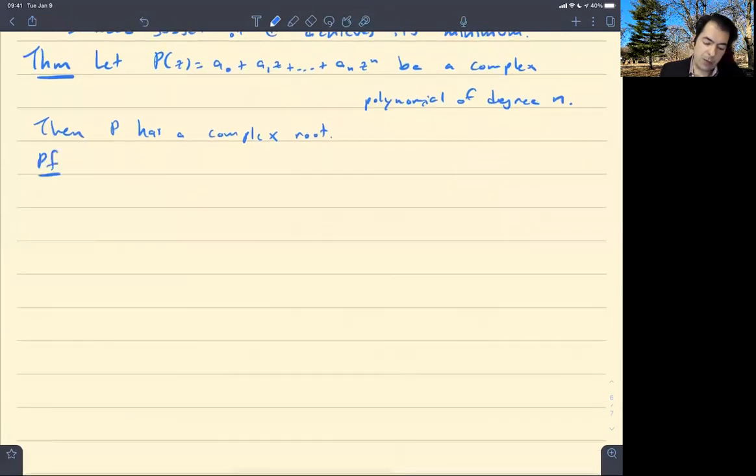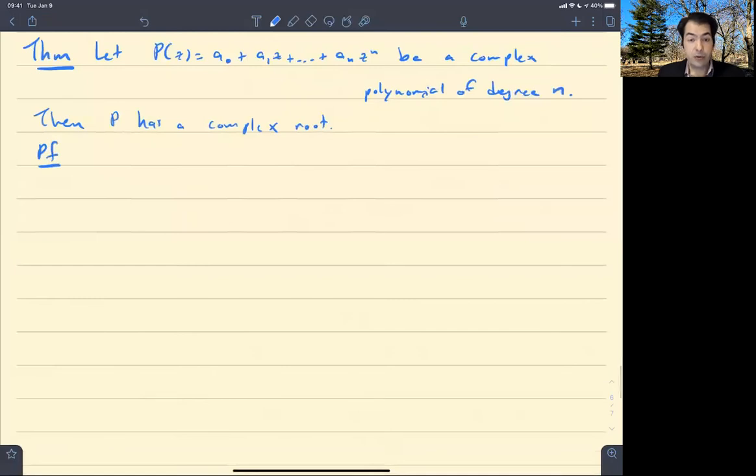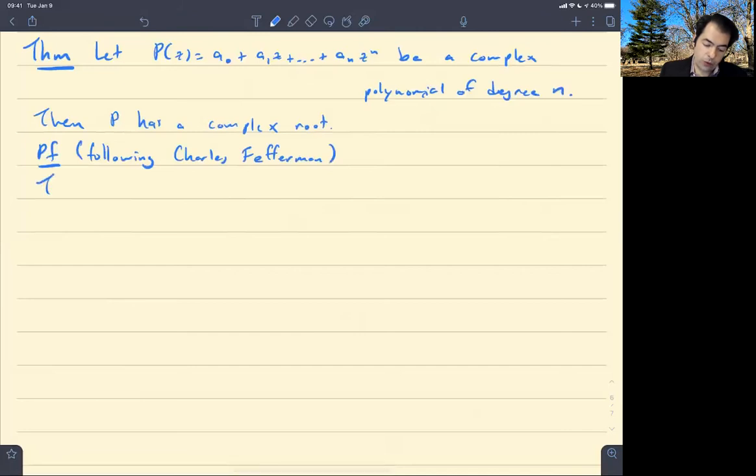Okay, so I'll present a pretty simple proof. The idea of the proof is pretty old. It goes back to the beginning of the 19th century, but the version of it I'll present is a version of Charles Fefferman. So we want to do this in 2 steps.